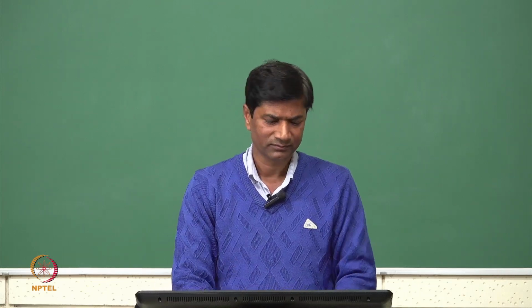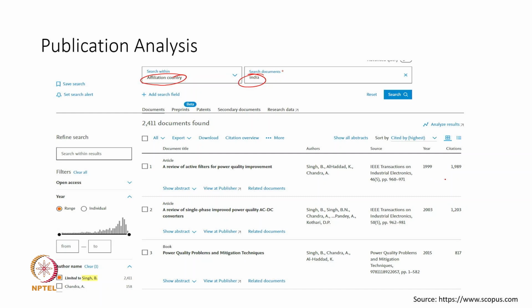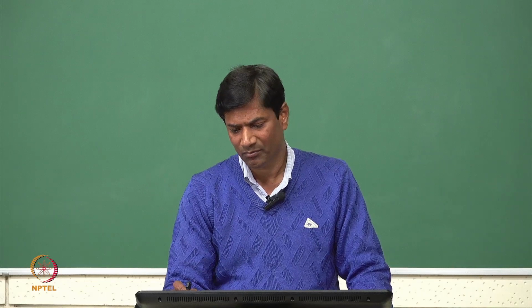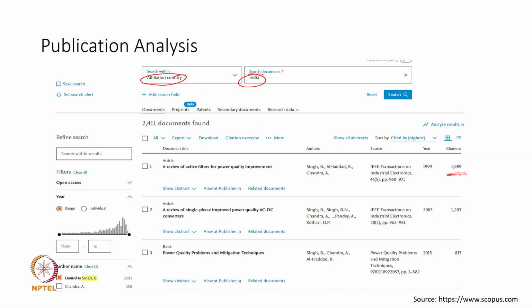For example, if we want to find out which author from India has received the maximum number of citations, then we come to know the authors Singh B, Al Haddad K, and Chandra A received approximately 2000 citations for the article published in IEEE Transactions on Industrial Electronics.